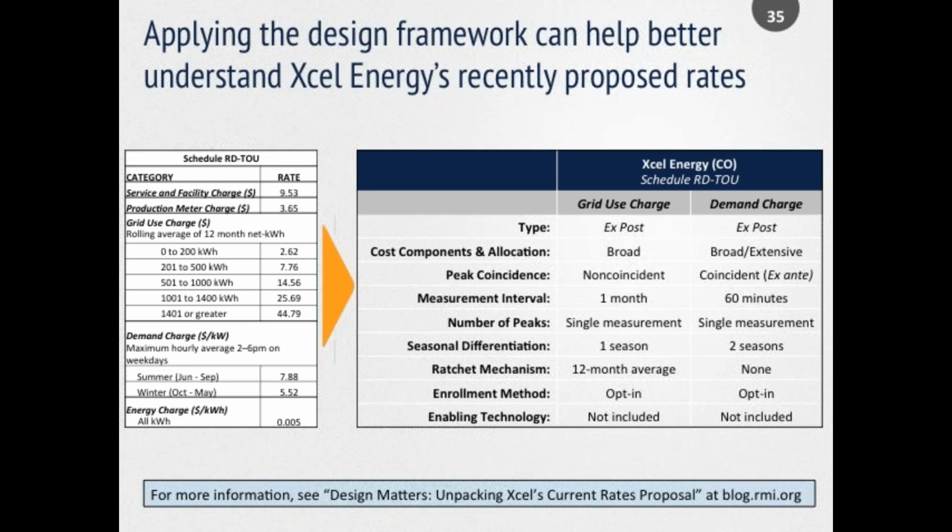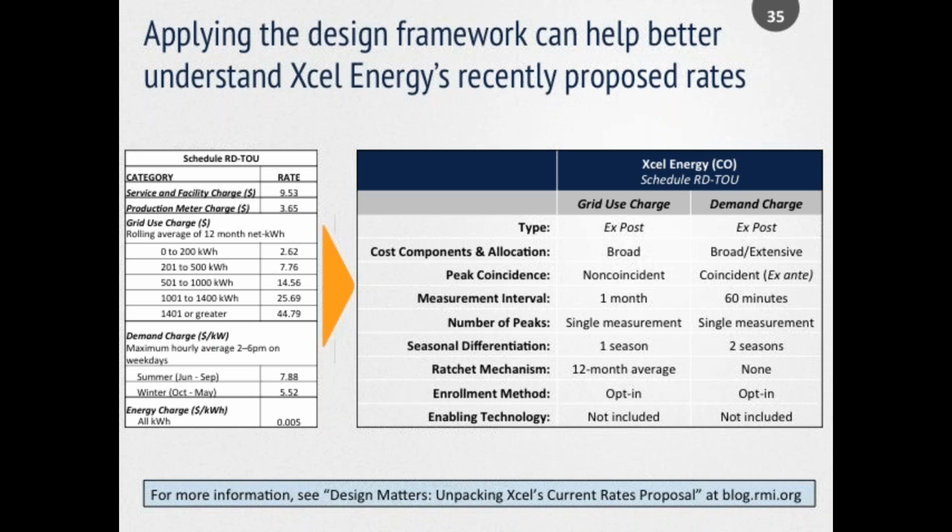But as we point out in the report, a long measurement interval, as this does, of 1 month, or even the 12-month average that we're categorizing as a ratchet mechanism, has the effect of dampening customers' actual ability to reduce that charge, due to it taking a full year for past high usage to roll off. So while it provides stability potentially for the customer, it also reduces the ability of customers to respond and adjust in response to what might be high rates and high prices.